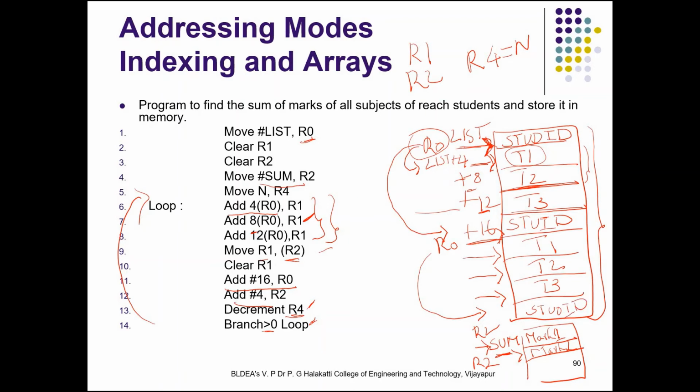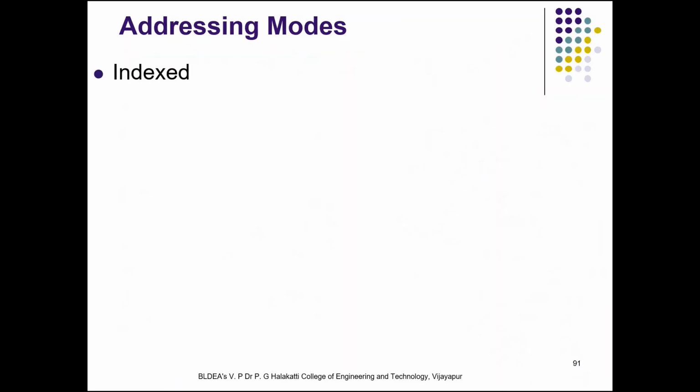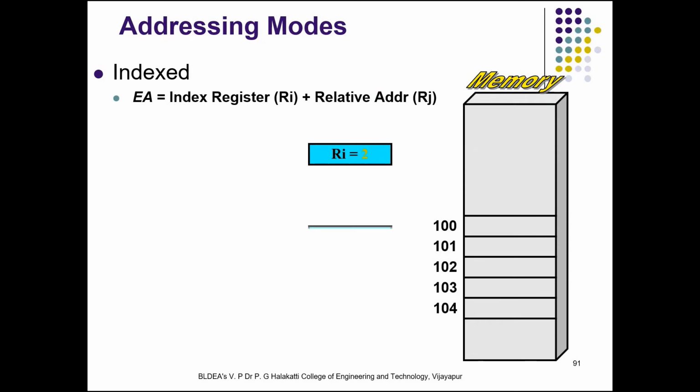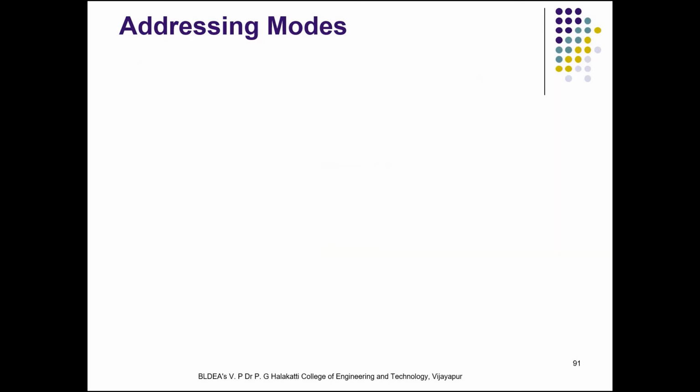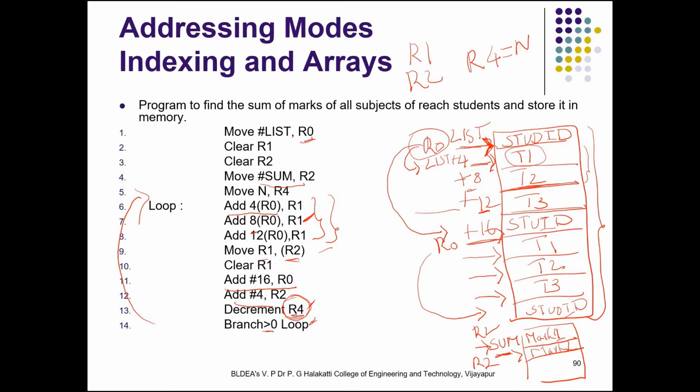So this goes on repeating as long as the value in the counter, that is R4, is greater than 0. Okay. So that is how we are supposed to deal with arrays.